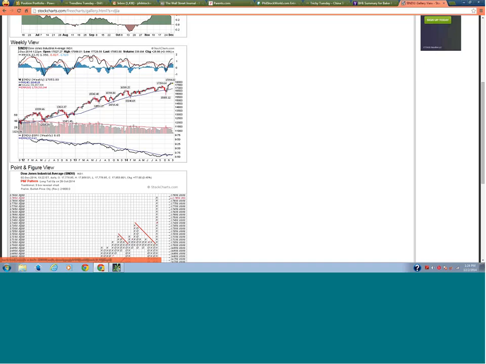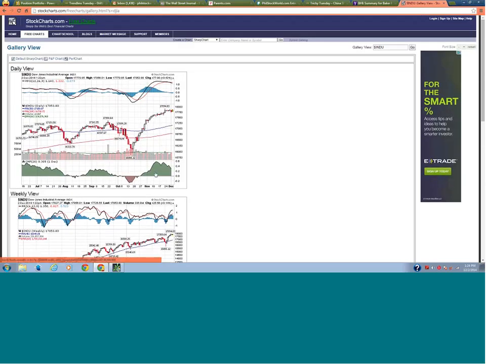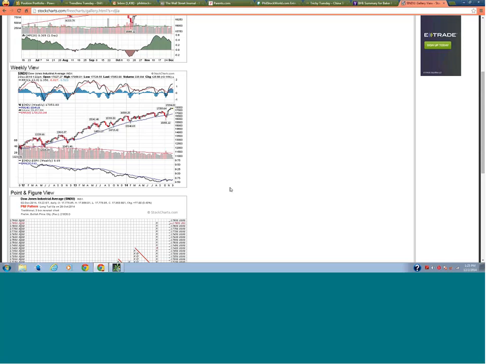And notice these are oscillators of various kinds. These have been much higher also, so we're not really peaked out here. This red line is nowhere near peaked out. You look at the CMF here, also not peaked out. You've got your PPO up here. This one looks like you might be exhausting a trend, and of course, overall, we're pretty darn overpriced.